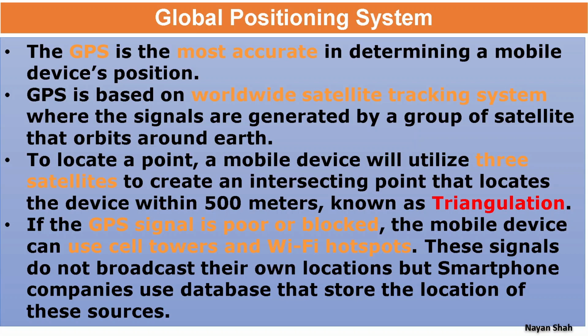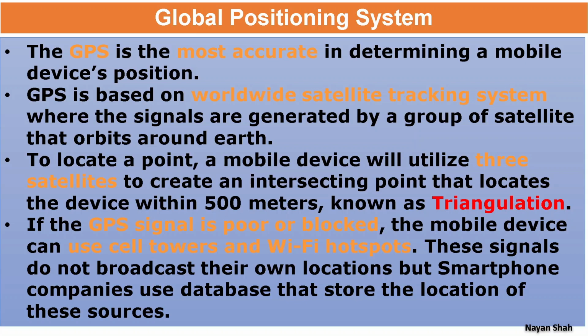You must have observed that when you are searching for a location and you have the location tracker on in your mobile, then that lady in a very sweet voice says, after 200 meters, take a left turn. So it is a very accurate service. If the GPS signal is poor or blocked somewhere, then the mobile device can automatically use cellular towers and Wi-Fi hotspots.